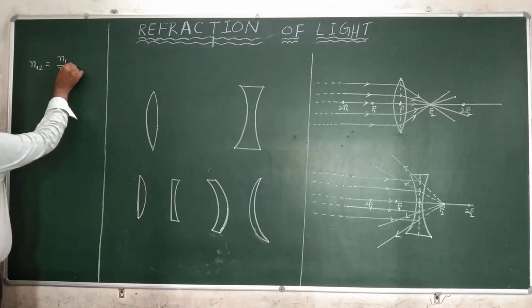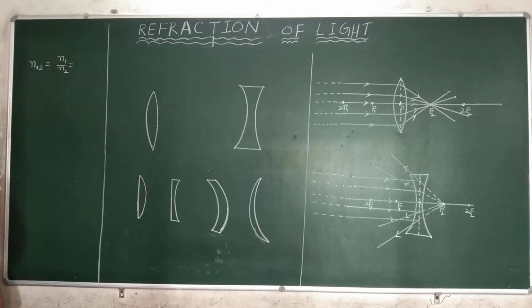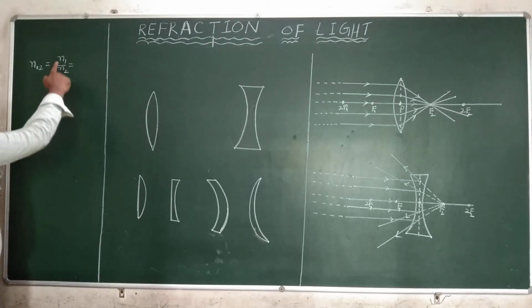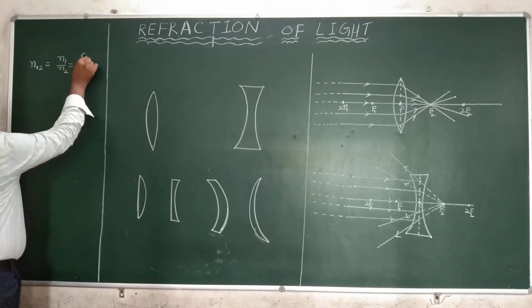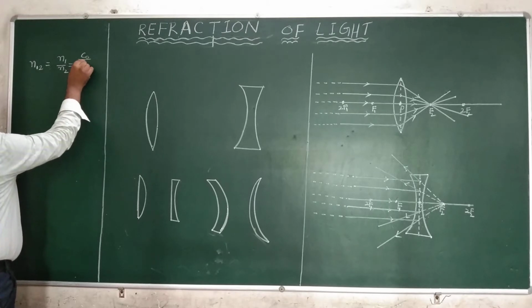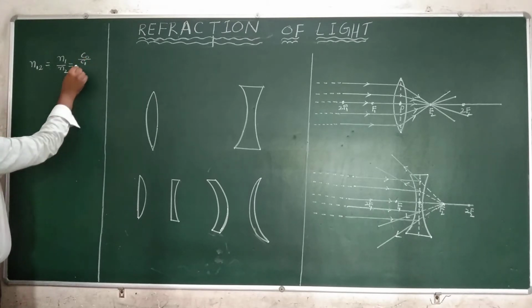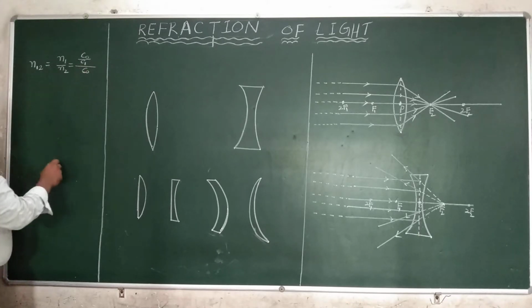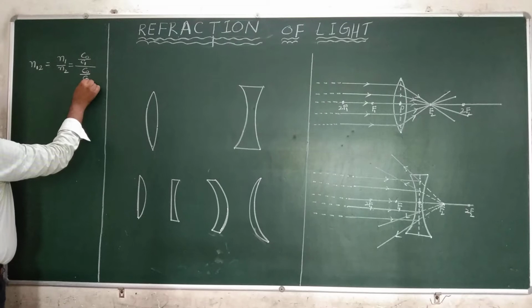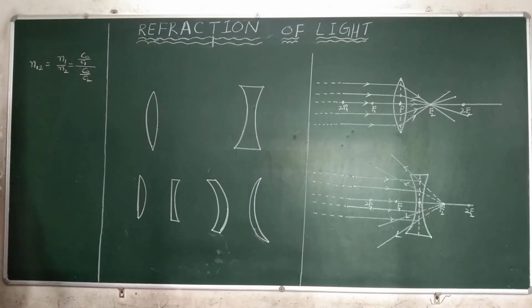According to the definition, the refractive index of any medium is defined as the ratio of the speed of light in vacuum or free space to the speed of light in the medium. So the refractive index of the first medium is the speed of light in free space divided by the speed of light in the first medium, and for the second medium, the speed of light in free space divided by the speed of light in the second medium.